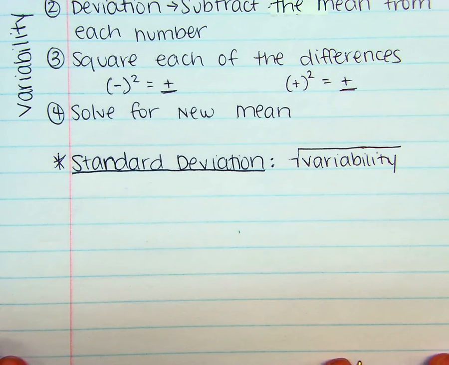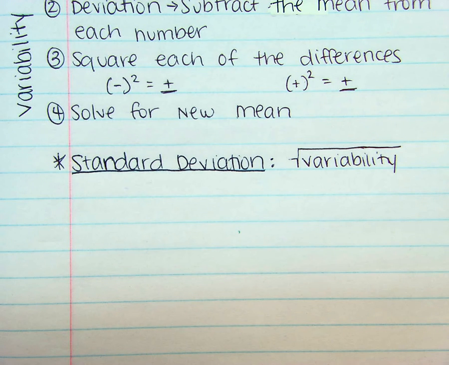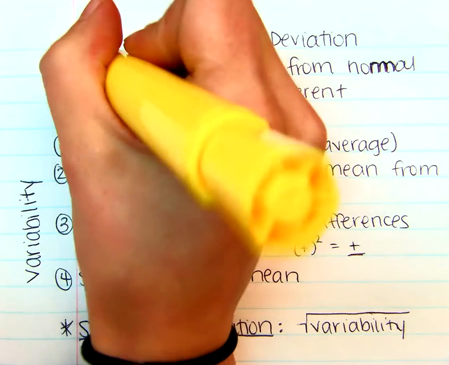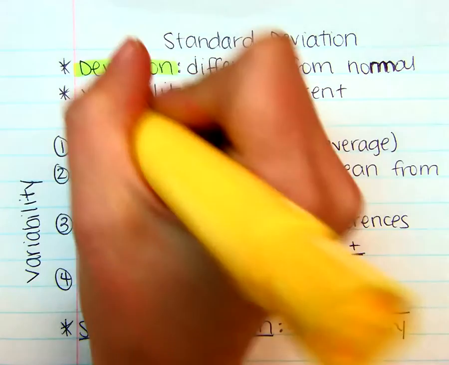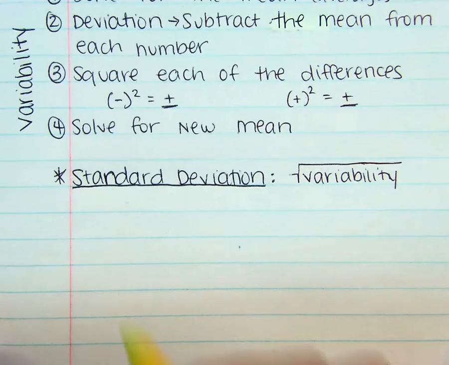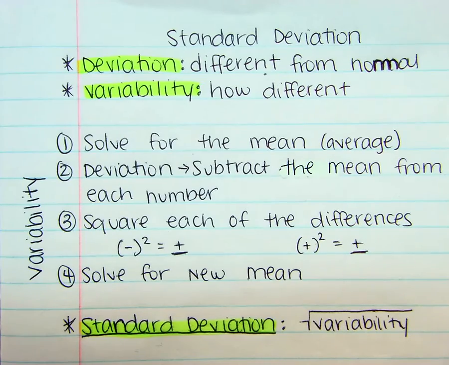So let's go through and highlight our vocabulary real quick. We've got 3 new terms today: deviation, variability, and then also standard deviation, because that is different than just plain deviation.